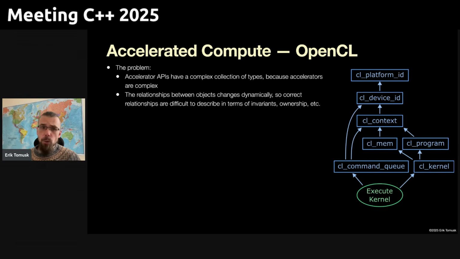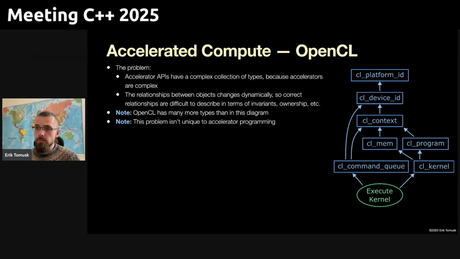So it's very difficult to pin down a correct relationship in terms of invariants or ownerships, because those things change. At this point, I'll mention that OpenCL has many more types than what I've shown in this diagram, and that this problem isn't unique to accelerator programming, but it is really painful in accelerator programming.